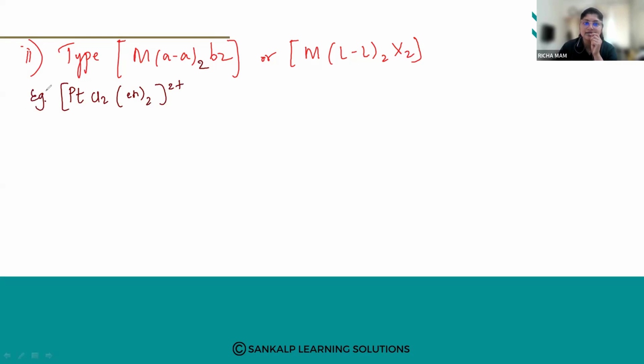So let us consider the example and write. In this, what is possible? Yes, so let us write. Platinum in the center, so write the octahedral. Again, platinum in the center.